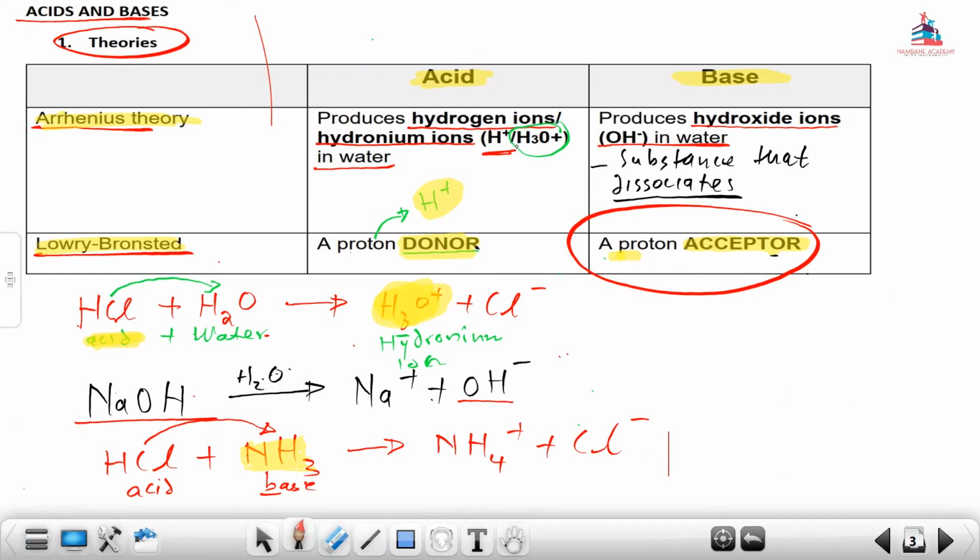The other is focusing on the donation of a proton and the other substance accepting. So I'm going to allow you to show by hands that you fully understand everything. Thank you. Then it allows me to move into the second part of this.